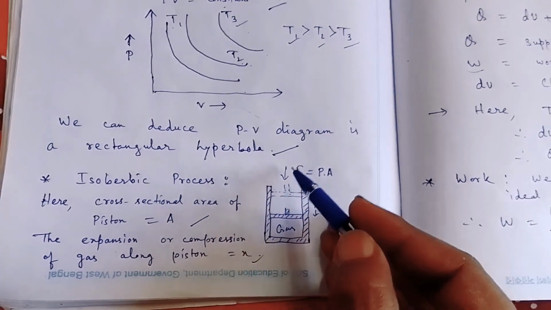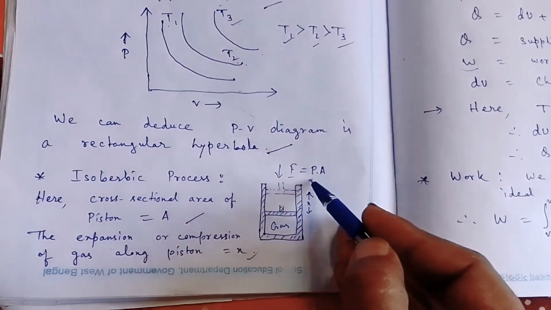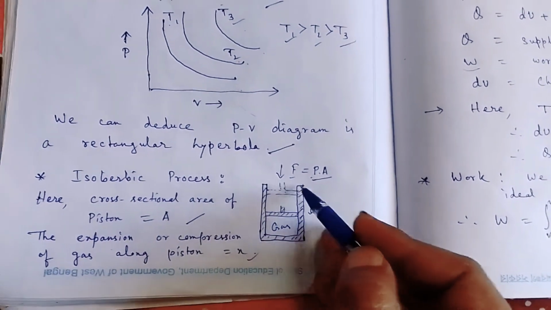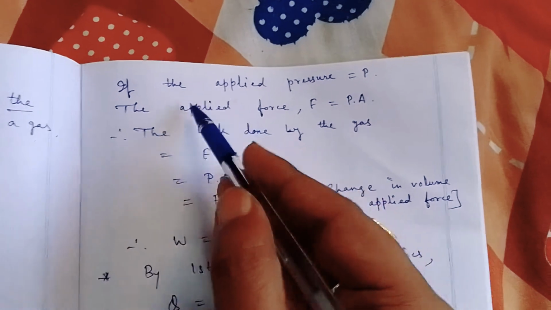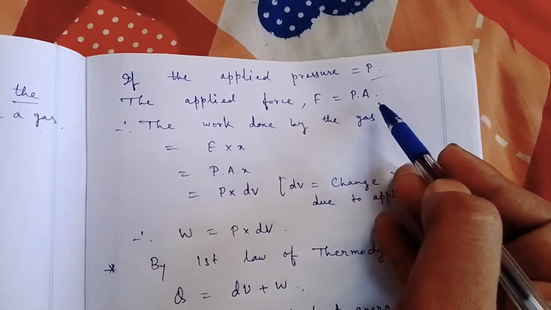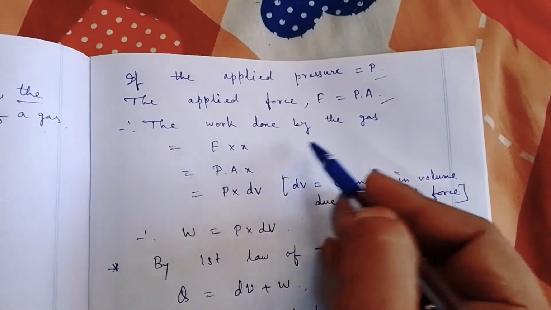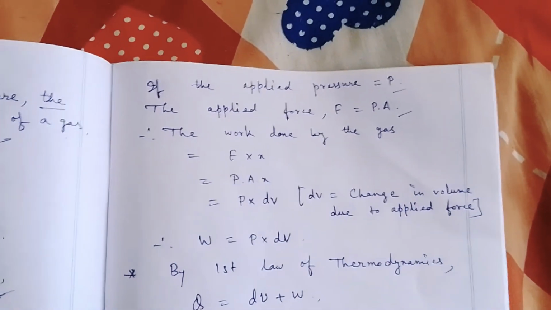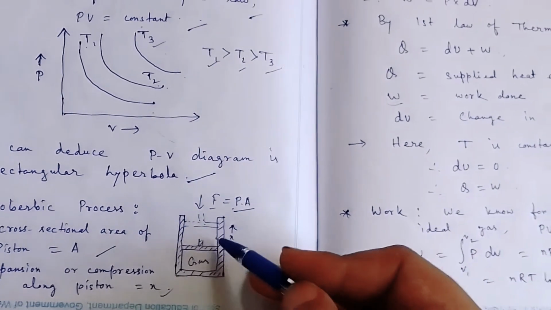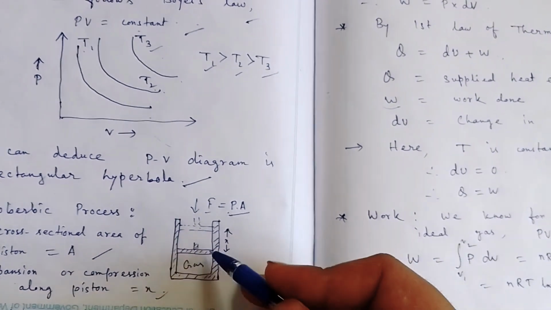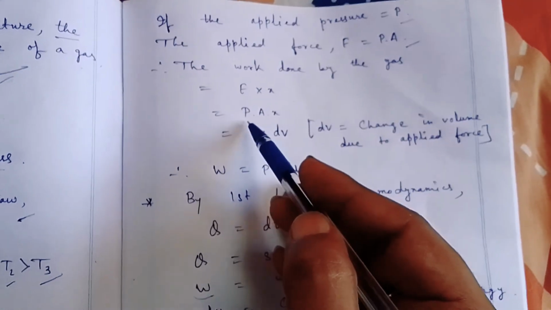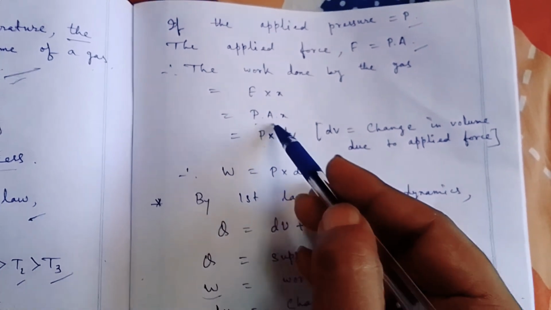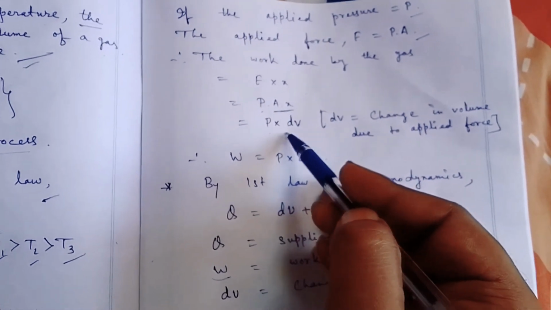So the force applied from the external source, F, is equal to PA, pressure multiplied by the cross-sectional area. If the applied pressure is P, then the applied force F is equal to P multiplied by A. So the work done by the gas is equal to the applied force F times the expansion or compression of the gas along the piston, which is F multiplied by X, or PAX, or P into dV, the change in the volume of the gas.